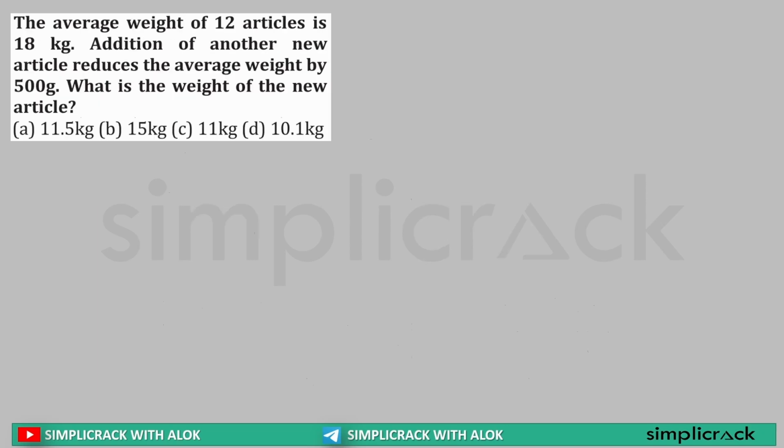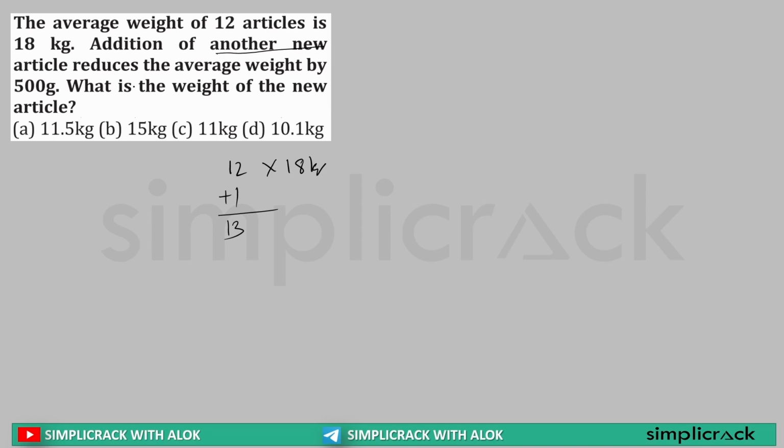Okay. Now, sir, the average weight of 12 articles is 18 kg. 12 articles, weight 18 kg. Addition of another new article reduces the average weight by 500 gram. Understand this. Addition of another new article. That means one more article was added. Total articles is now what? 13.